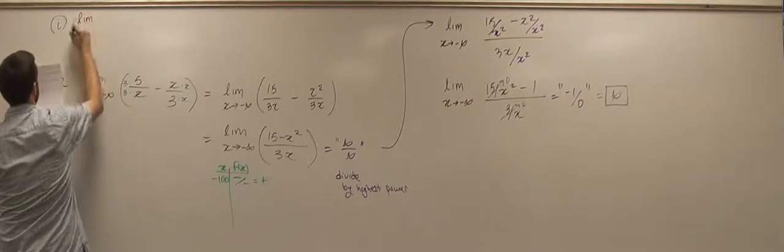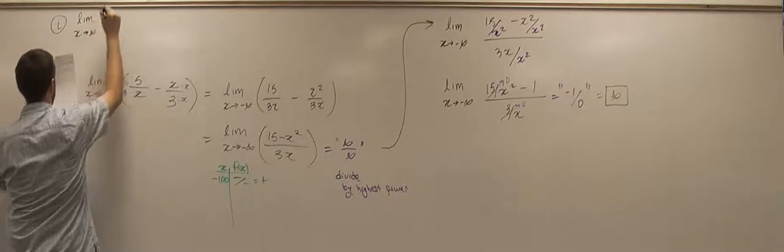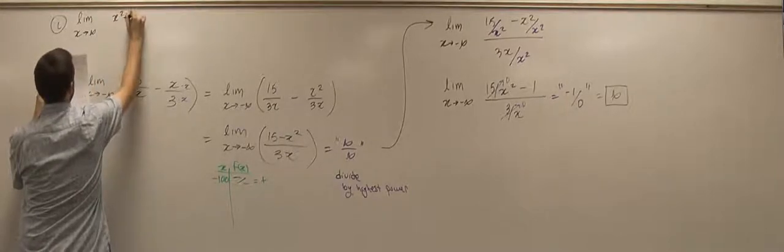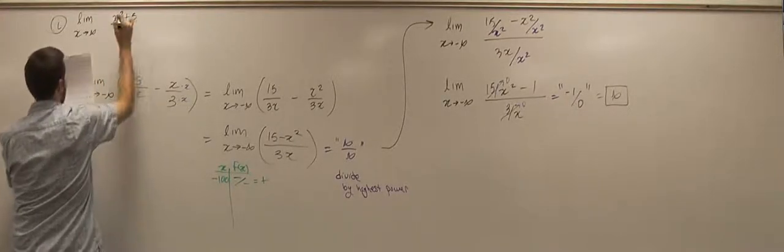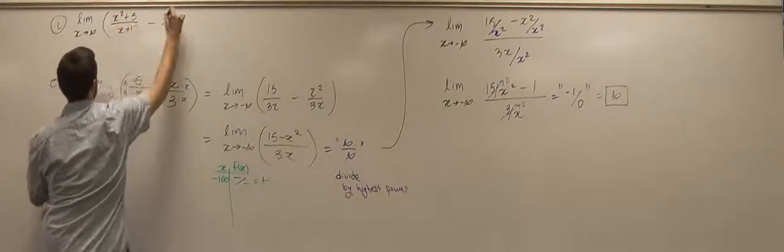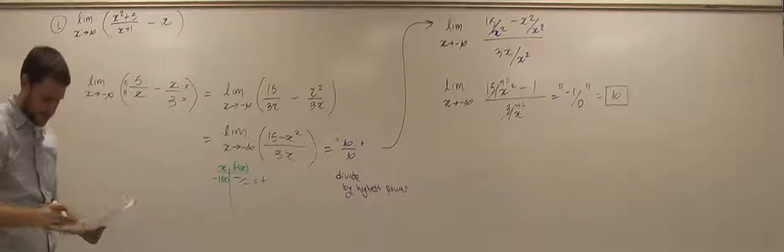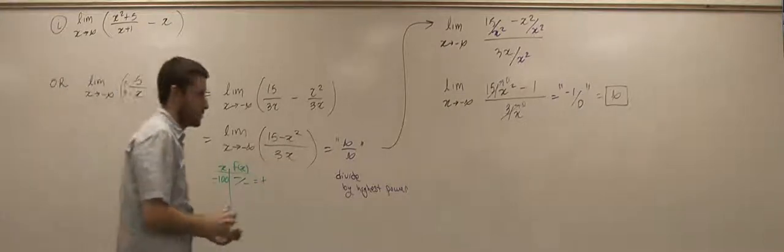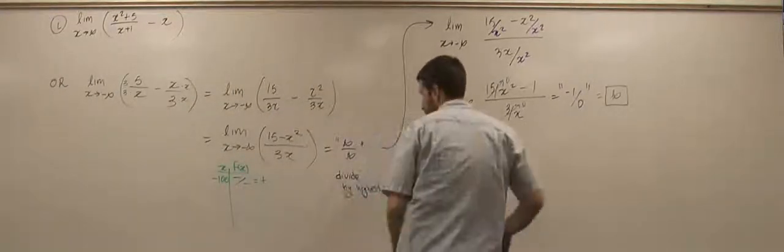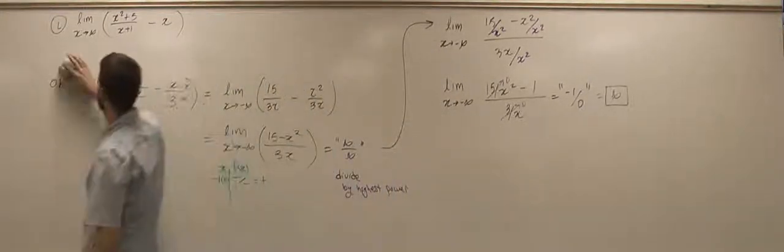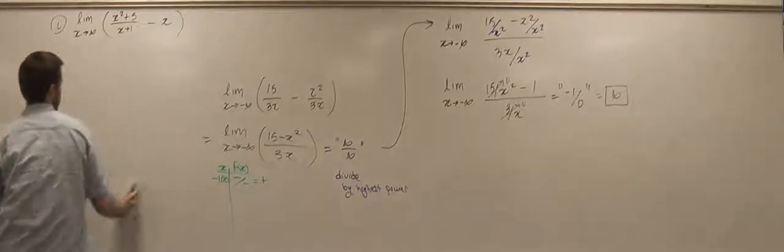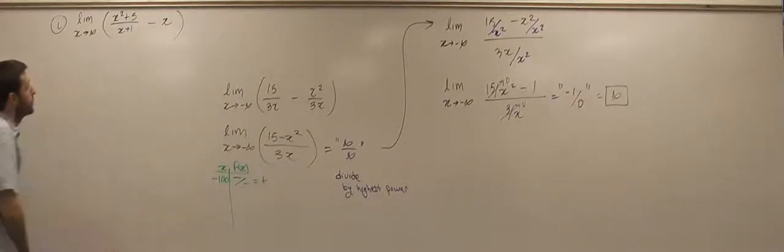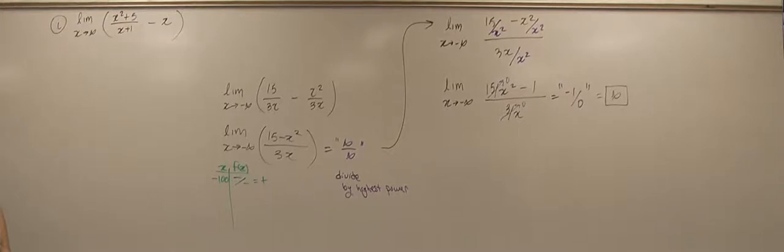Limit as x goes to infinity of x squared plus 5 over x plus 1 minus x. So what do you get intuitively when you plug it in here?